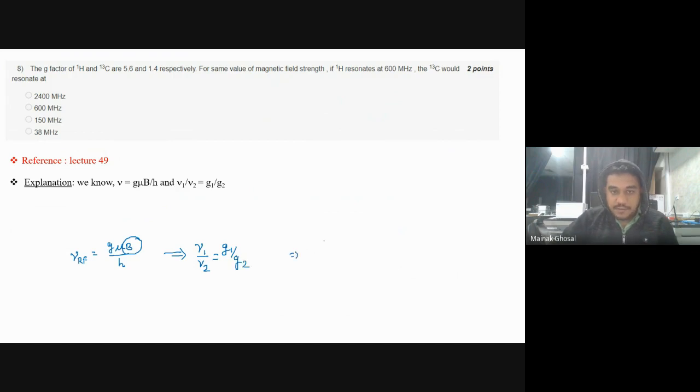Now I am writing for carbon and hydrogen. Since I need to find the 1H resonance frequency, I am writing hydrogen in the above. So nu hydrogen by nu carbon equals Gh by Gc, because this is directly proportional. What is Gh, the gyromagnetic ratio or G factor of hydrogen? 5.6.